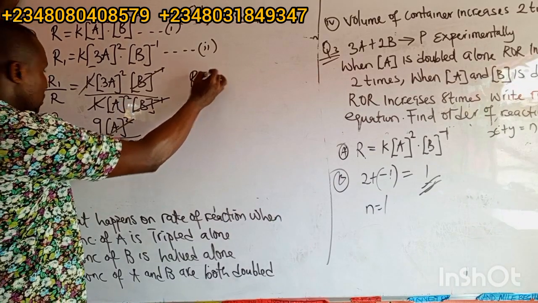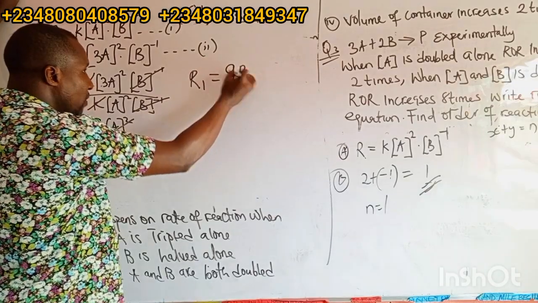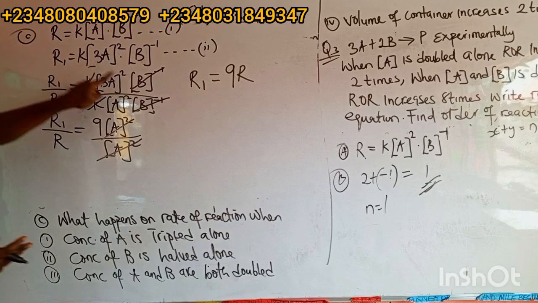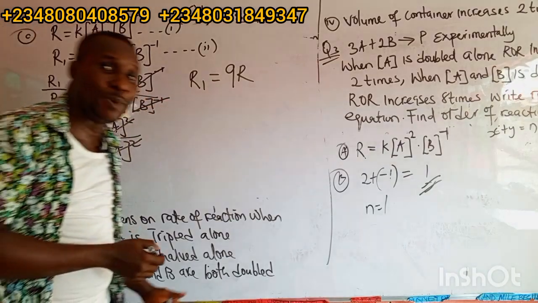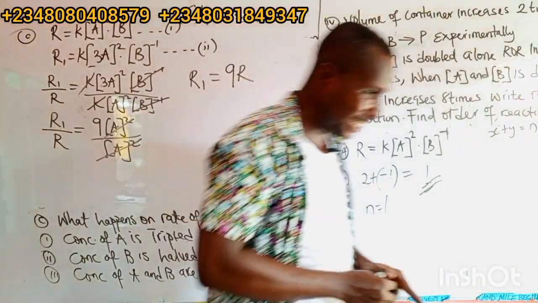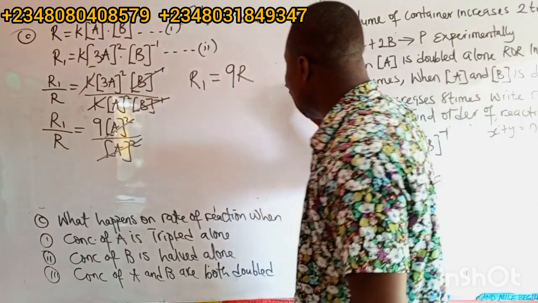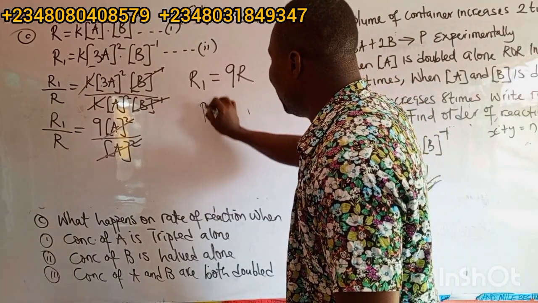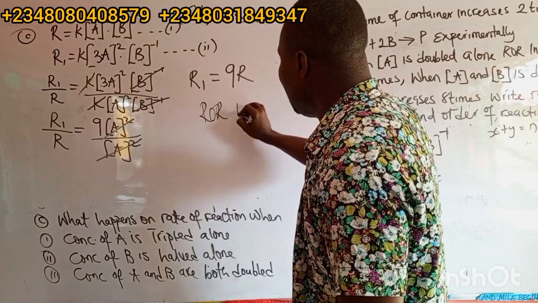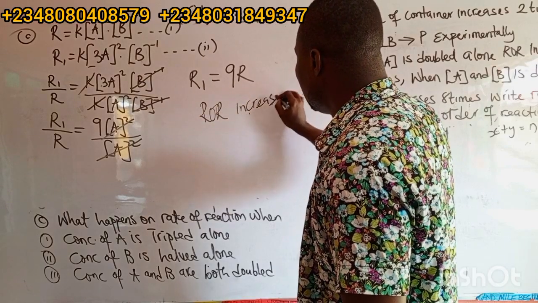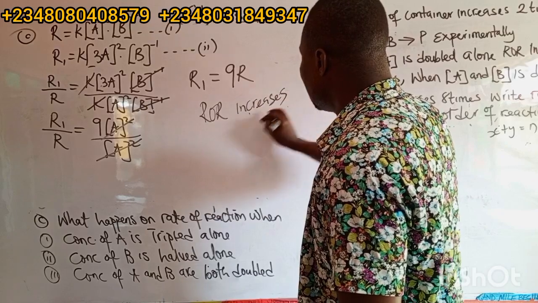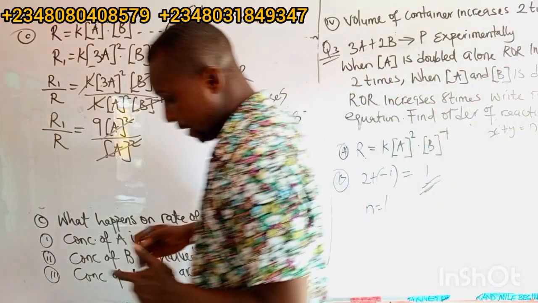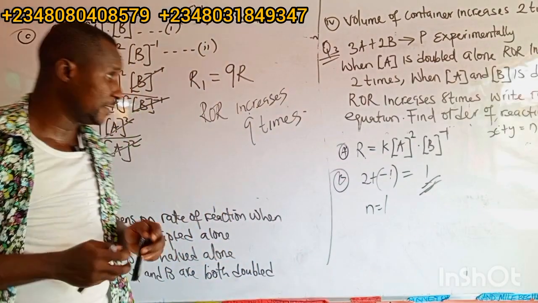Therefore, R1 equal to 9R. That means when A is tripled, the rate of the reaction increases 9 times. That's it.